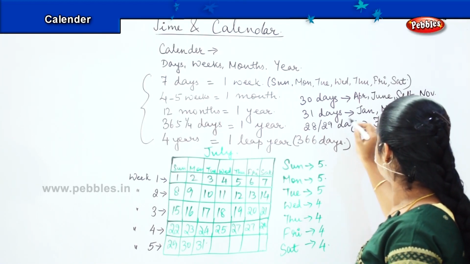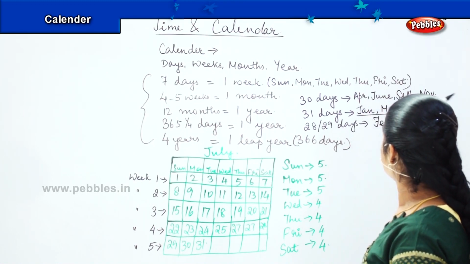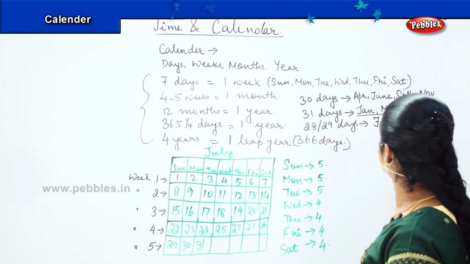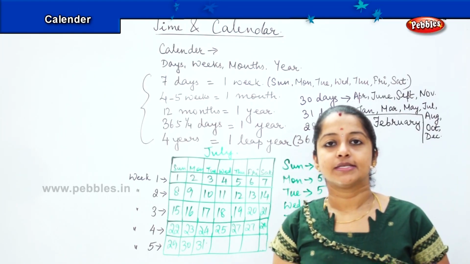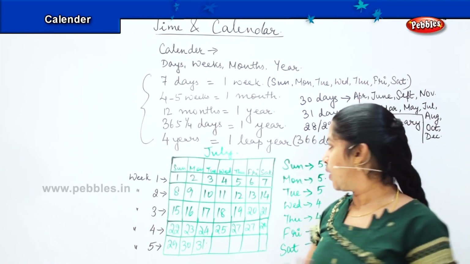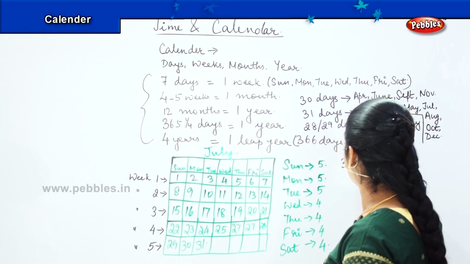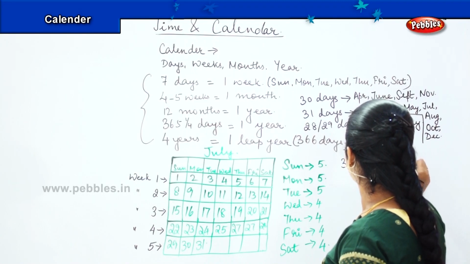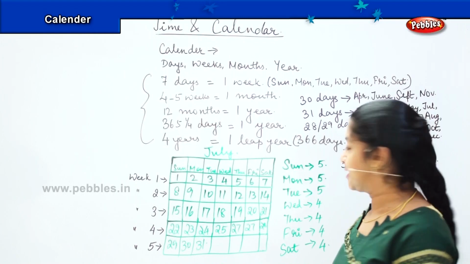So how many days can you see here? You have 1, 2, 3, 4, 5, 6, 7. You have 7 months which have got 31 days. How many months have got 30 days?